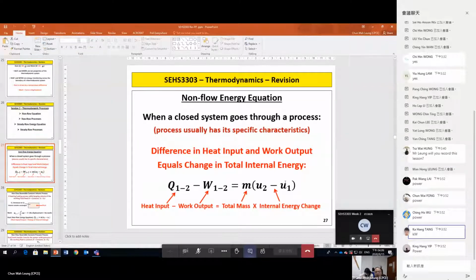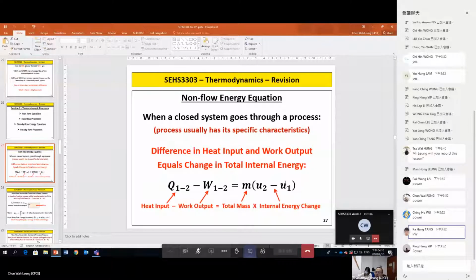This kind of working fluid always remains as gas. Therefore, we can solve it with some linear equations, such as PV equals RT, U equals CV times T, H equals CP times T. I ask you to remember that.